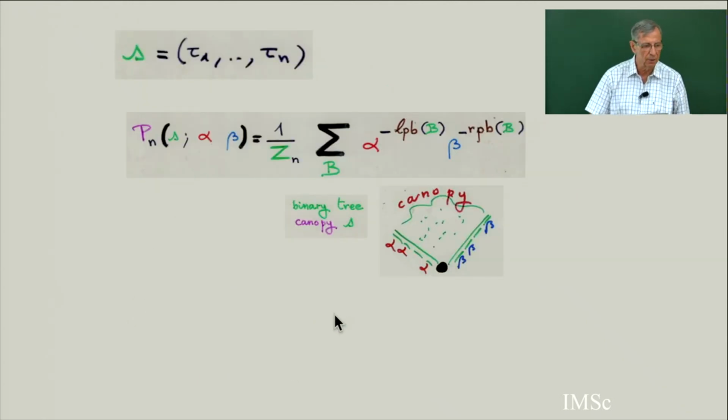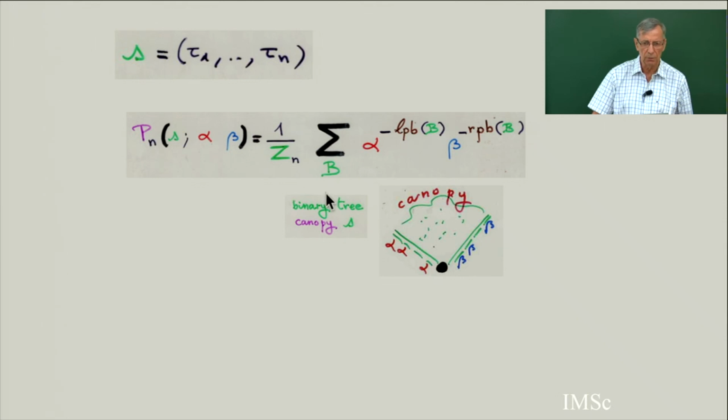And so I can go back to the TASEP, and using the matrix ansatz we have seen the probability of a certain state, where you have a strip with n elements. Physicists call this tau 1, tau 2, ..., tau n, where each tau is 0 or 1. So this is a certain state of your strip. The probability to get this state with parameters alpha, beta is exactly 1 over the partition function times the sum of all this, where the sum is over the inverse of alpha to the length of the principal left branch of B, times the inverse of beta to the length of the principal right branch.